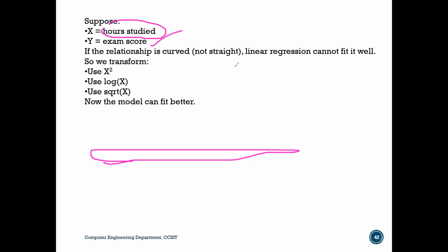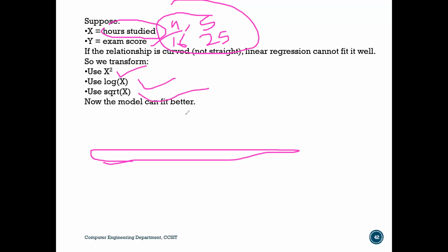Suppose someone studies 4 hours and gets 16 marks, and someone studies 5 hours and gets 25 marks. If the relationship is curved, can you see, this is not linear, this is curved. So the linear regression model you are using will not fit. Then we can use x squared, a polynomial, or log x, or square root of x. Now the model can fit better.